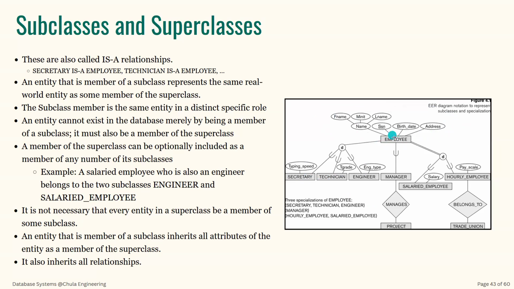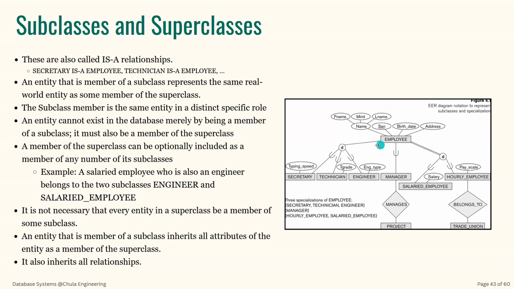For example, here we have employee with name, social security number, birth date, and address. It means that the subclass would also inherit all the properties of its superclass. So every employee, although they are a secretary with typing speed, also inherits all the attributes from employee.